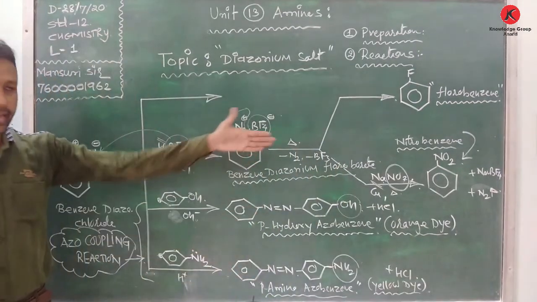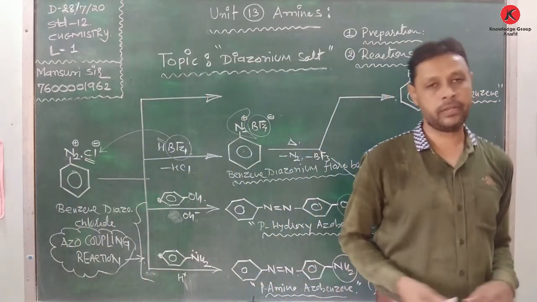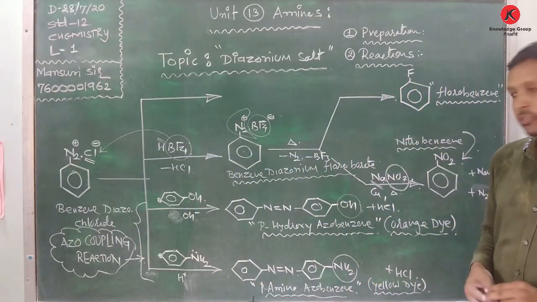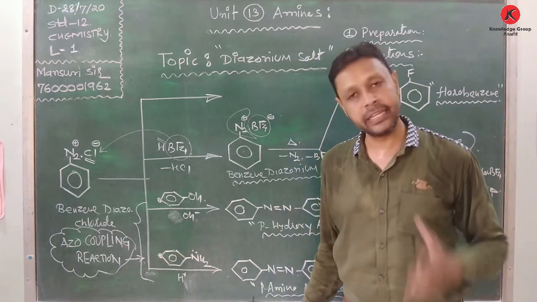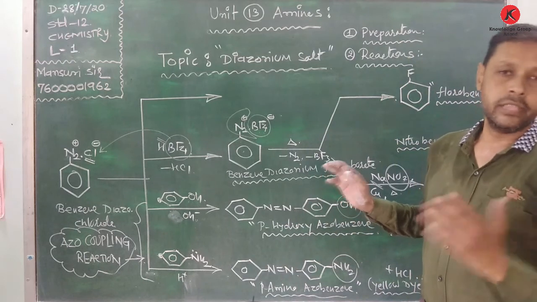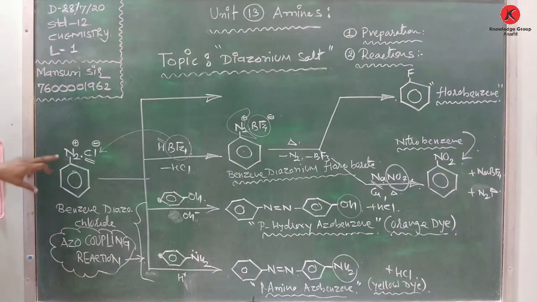These two dyes, orange dye and yellow dye, can be put on cotton clothes. So these two reactions are known as azo coupling reactions.